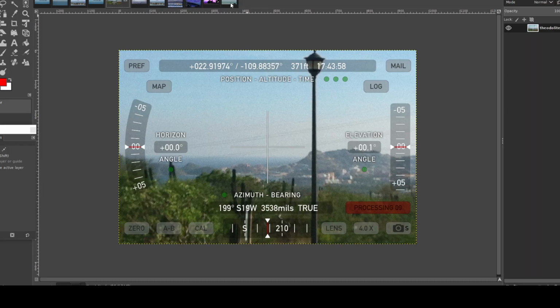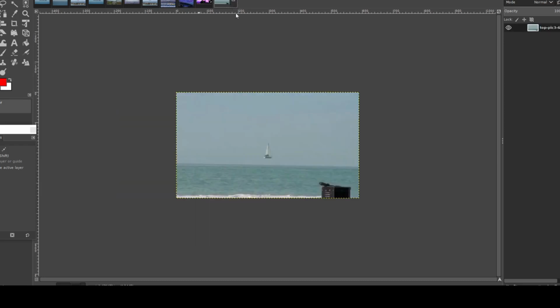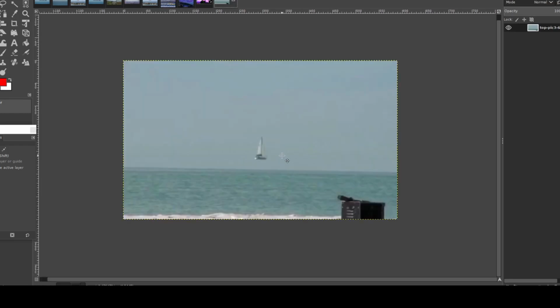So let's have a look at some photographs that could be passed off as mirages, but what it shows us is what we are not seeing when we assume a horizon dip. So we see this boat here that appears to be floating above the surface.